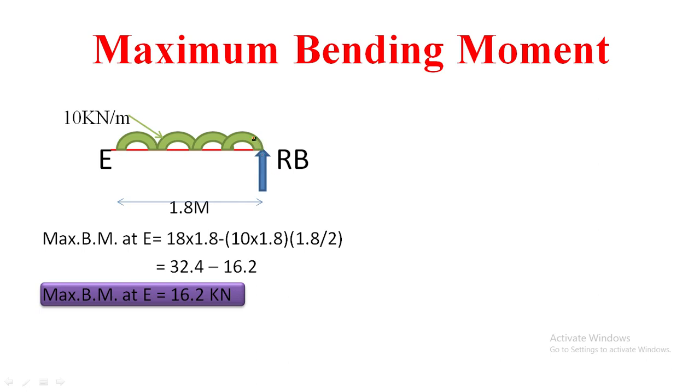So here RB and the UDL, and the E to B distance is 1.8 meter. So the maximum bending moment at E is equal to RB's value, which is 18, going in upward direction, so plus 18 into the distance 1.8, minus 10 into 1.8 into 1.8 divided by 2.